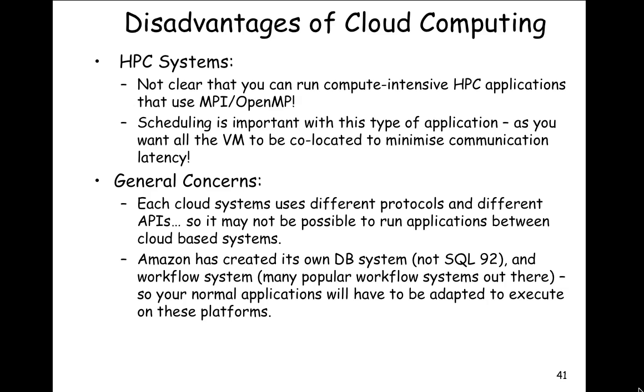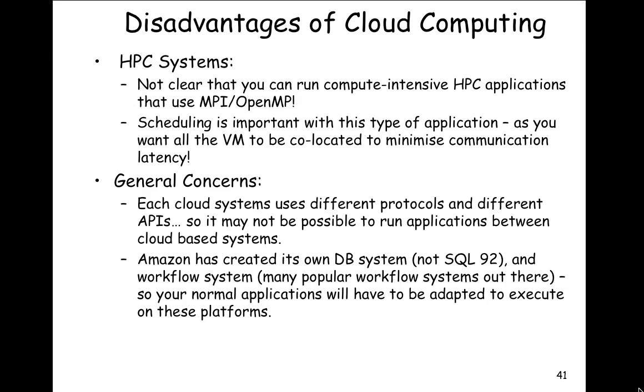HPC systems. It's not clear that you can run compute-intensive HPC systems, OpenMP systems, or other types of systems, and scheduling systems are important for different types of applications, with virtual machines located to minimize communication latencies.